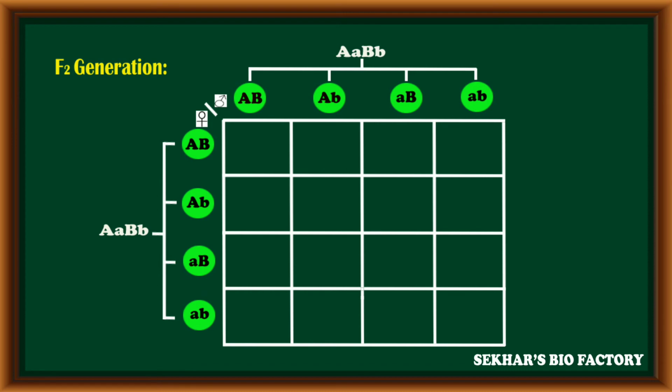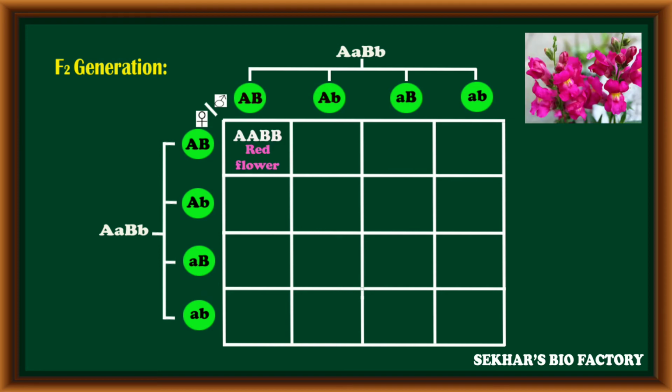Previously we discussed that a total of 9 individuals will get the third or new phenotypic character. In the first combination, capital A, capital B, both genes with dominant alleles, can express the third or new phenotypic character in the form of red color flowers. The next combinations with capital A, capital B, small b, and capital A, small a, capital B all express red color flowers.